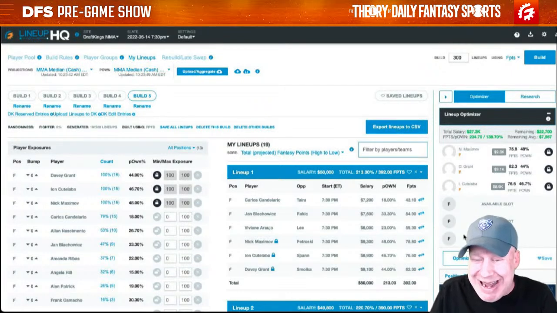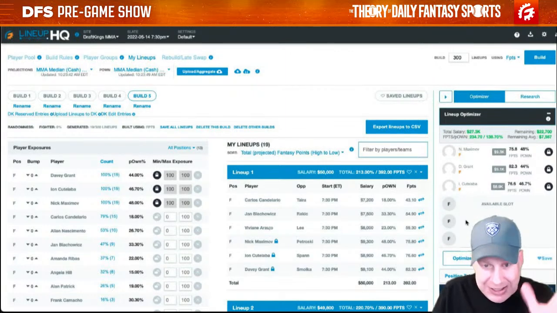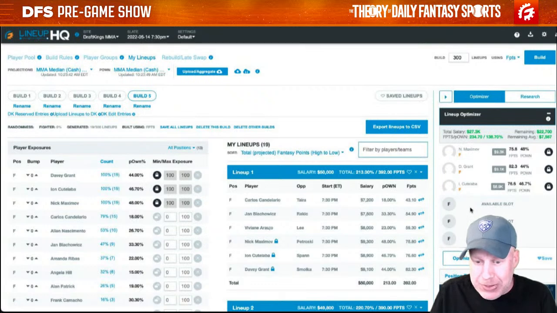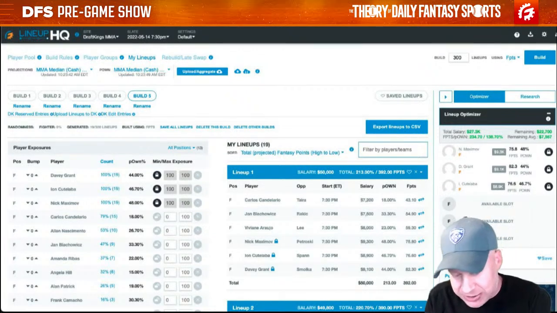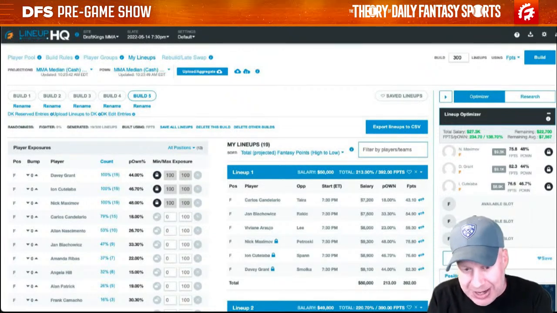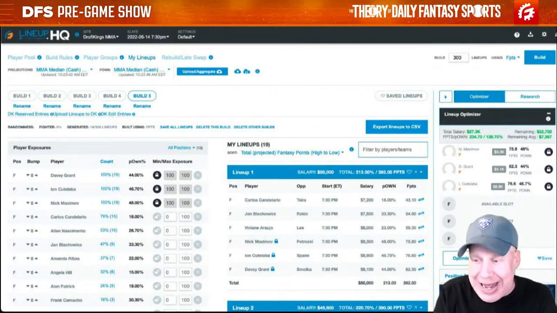But there's only 19 combinations, assuming you're not stacking a fight, which typically you're not doing. So if there's 3,000 lineups, divided by 19, the average lineup is going to be duplicated 160 times.